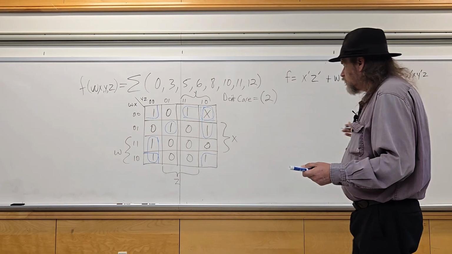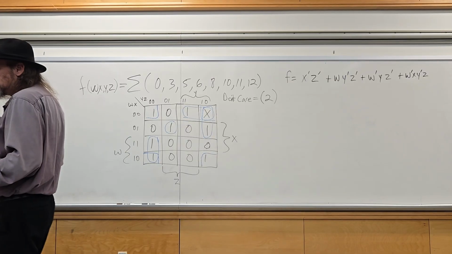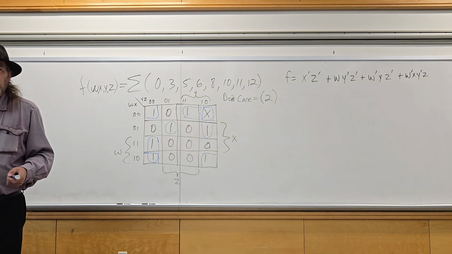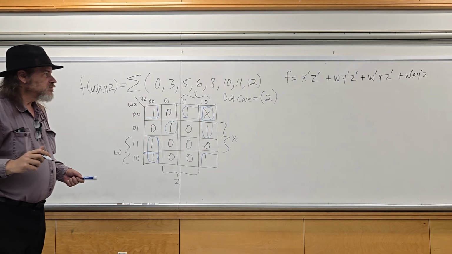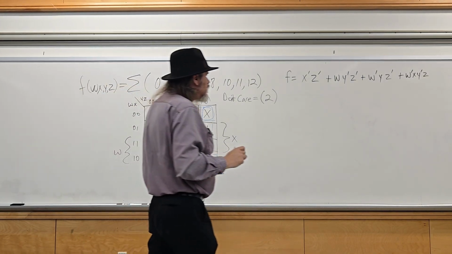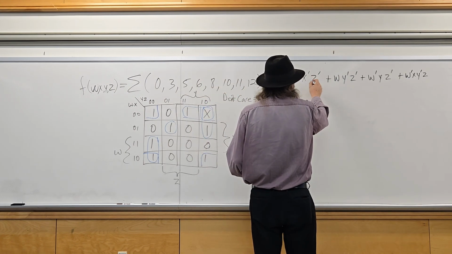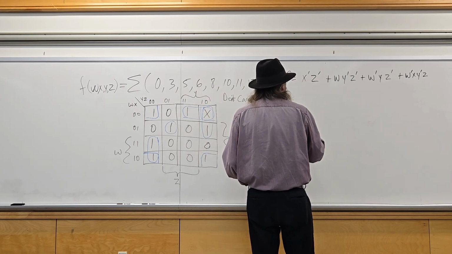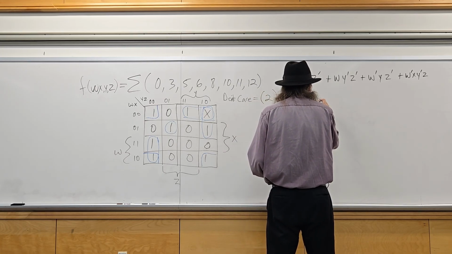Okay, so you have the reduced expression. Now you can do a NAND implementation of it. So you have your first term, X prime, Z prime, going to go to a NAND gate.